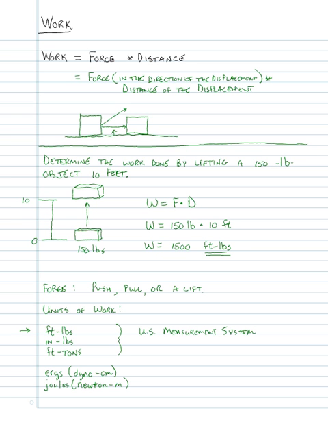When you go to science, physics particularly, then you'll see work labeled in ergs or joules, and that's more or less a metric system, where an erg is dyne-centimeters, and a dyne is a measurement of force.